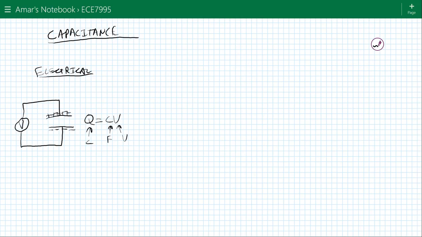If you remove a voltage source here and connect a resistor here instead, it's going to take some time to drain away all that charge. So that's one of the reasons the voltage across a capacitor can't change instantaneously.